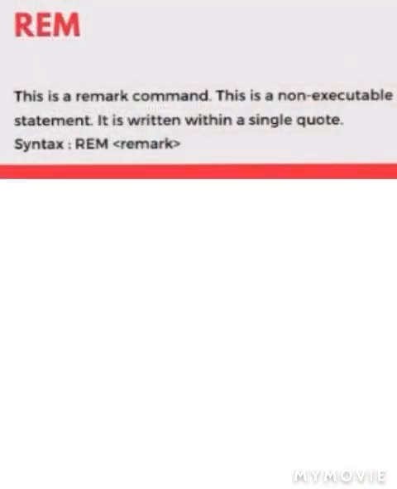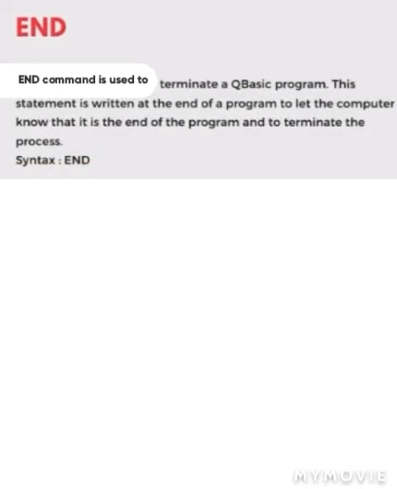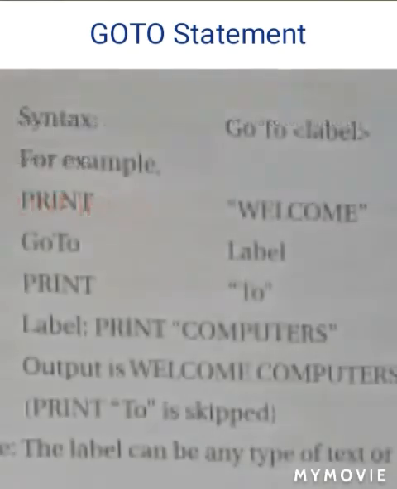The REM statement. The REM statement is used to write a comment in a program. Its syntax is REM, then comments in quotation marks. Okay, and the end command is used to terminate the program. When our program has ended or is completed, then we can type the end command.